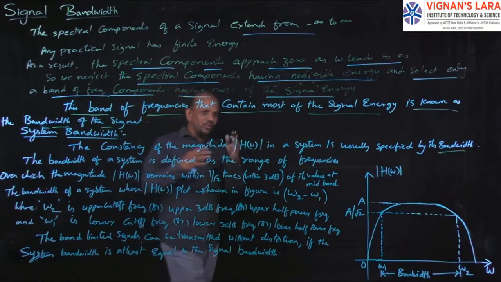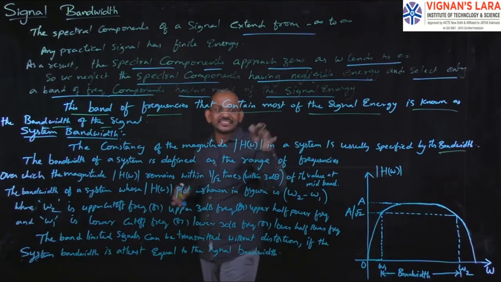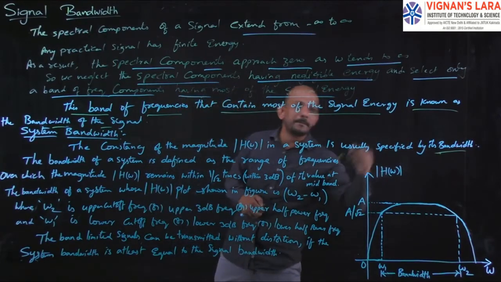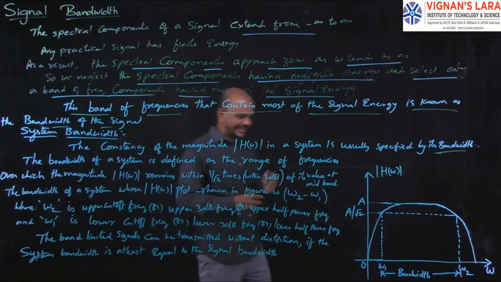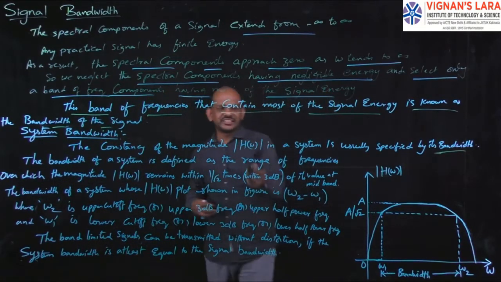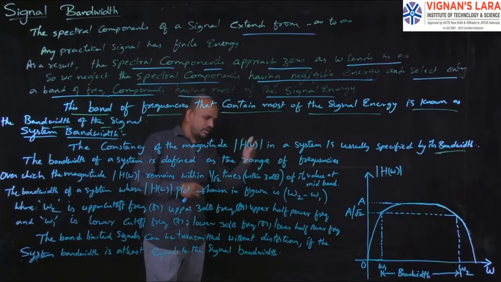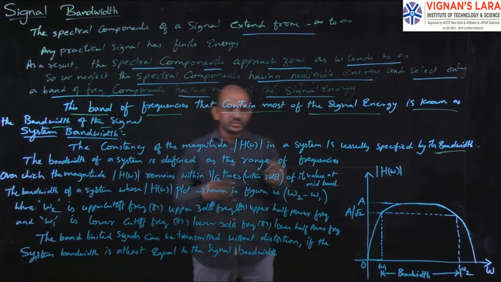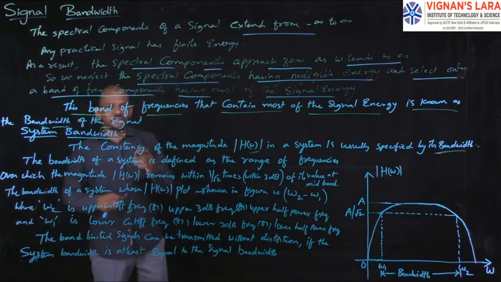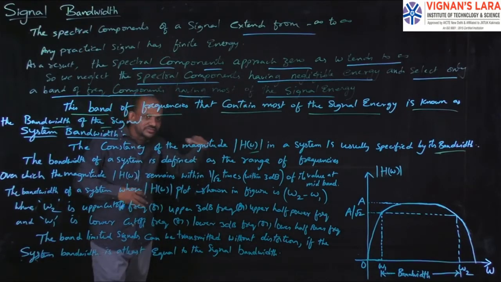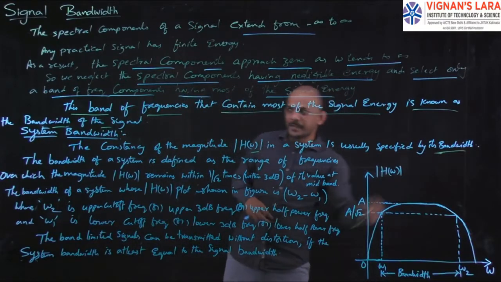We all know the transfer function: H of omega is nothing but Y of omega by X of omega. In that we are considering the magnitude. So the constant maintenance of the magnitude of the transfer function in a system is usually specified by its bandwidth.